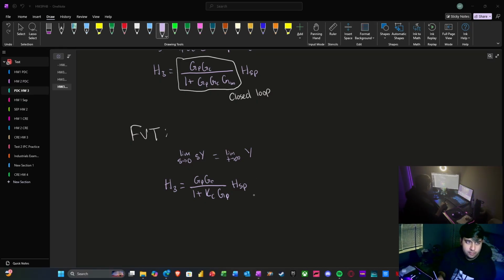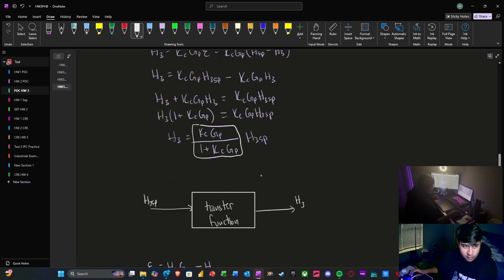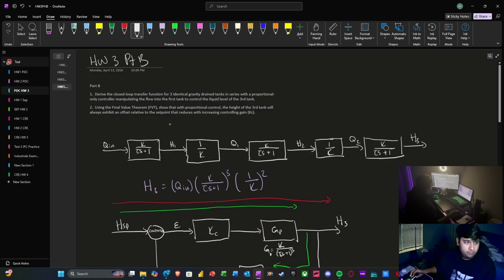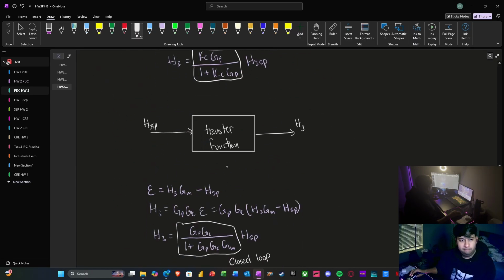We can also state that our set point will be A over S, where A, or alpha, is our input. This is going to be important for figuring out that offset relative to the set point.